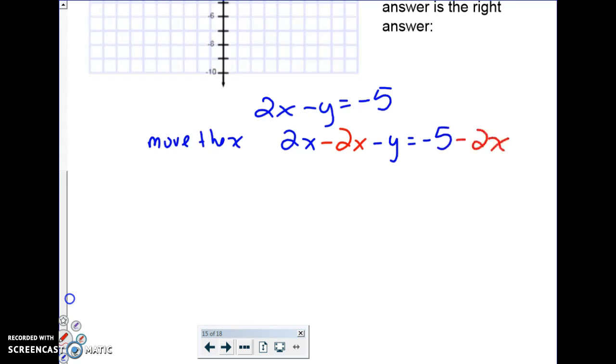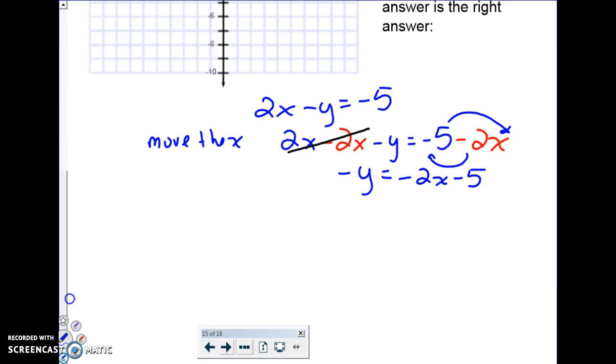Right, because I want that to cancel and get it over to the other side. So 2x minus 2x crosses out, and I'm left with negative y equals, and if it's okay with you, I'm going to just switch these positions to get it more into an mx plus b look.